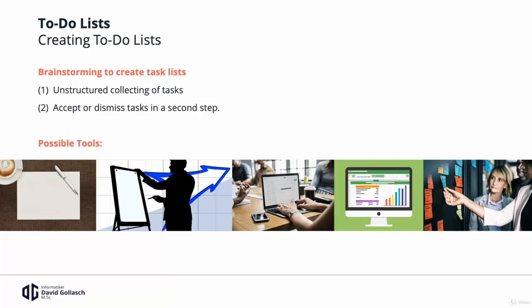But if you're in a physical room with your team, then you can, of course, have it on a blackboard, on a flip chart, or having some notes taken down onto a wall, or just taking a sheet of paper. But that's more recommended if you're doing the brainstorming for yourself and not in a team.